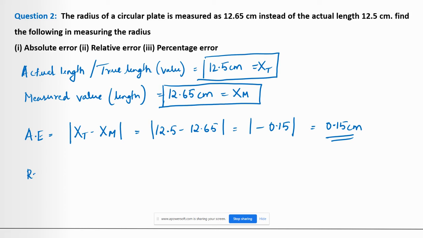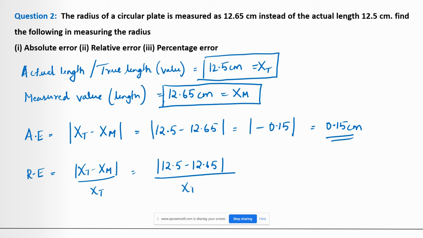Next, what will be your relative error? Your relative error is given by (xt minus xm) divided by xt. So the answer is going to be |12.5 minus 12.65|, here also the modulus sign, divided by xt.